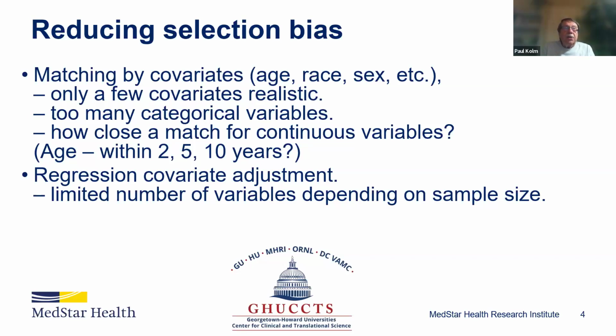Another way that's a lot easier is just to do regression covariate adjustment. That is, all the covariates that you have measured, you just put those in a regression equation, comparing the treatment group with the placebo or control group. The downside here, and we'll talk about another major one later on, is that there might be a limited number of variables available. This could also be dependent on the sample size.